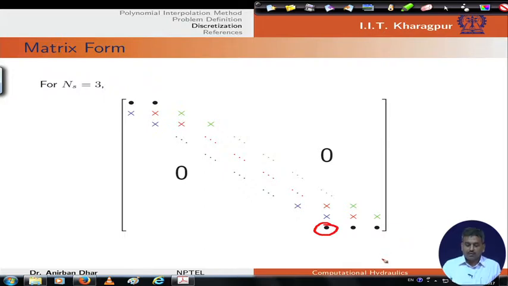So, we can use the full matrix, or we can use a finite difference like approximation in this case, and include only 2 points near the boundary for our calculations.